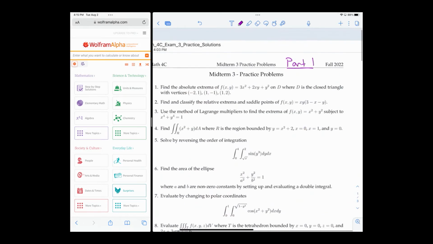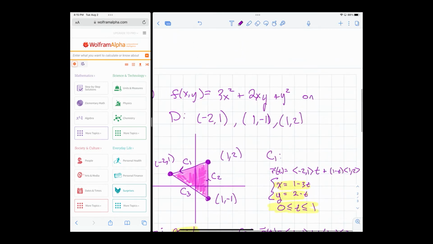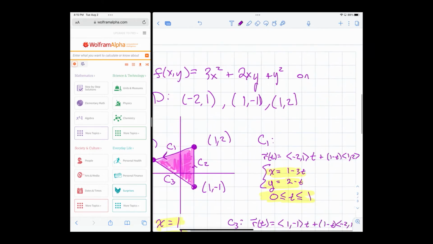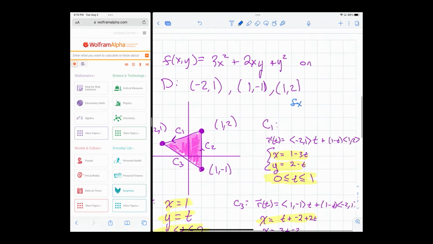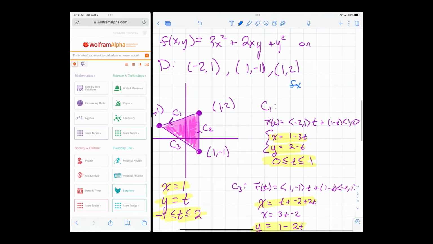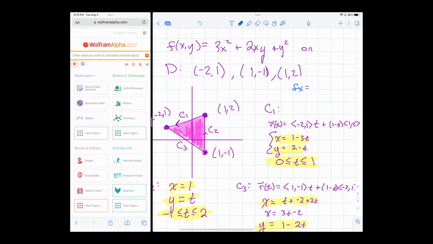So I'm going to go up here, where I have them written down, so I can do them real quick. Let me do this in another color here. So we need the partial with respect to x and the partial with respect to y. So fx is going to be, the derivative here with respect to x is going to be 6x.